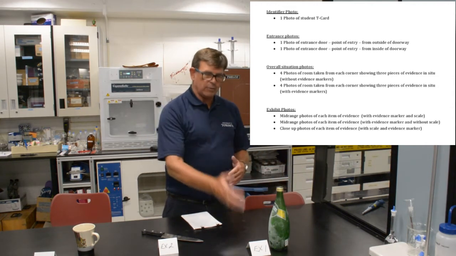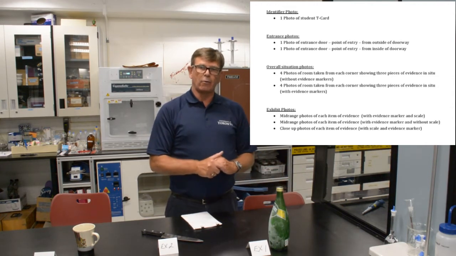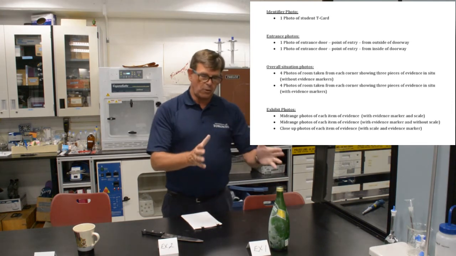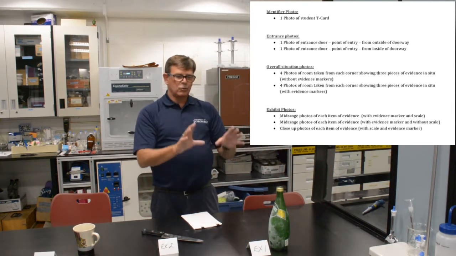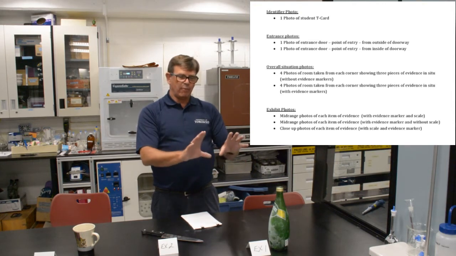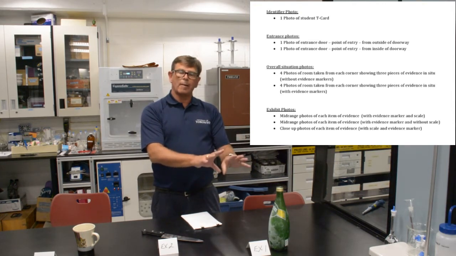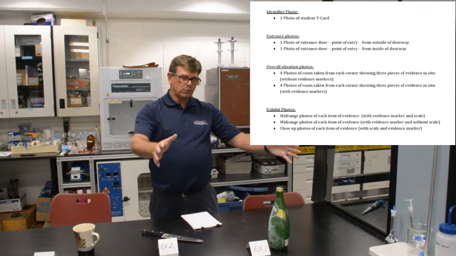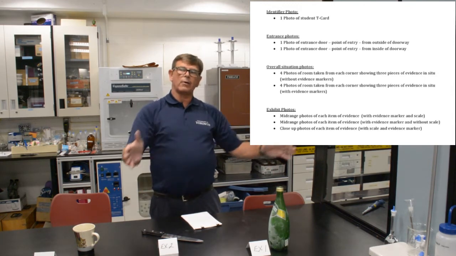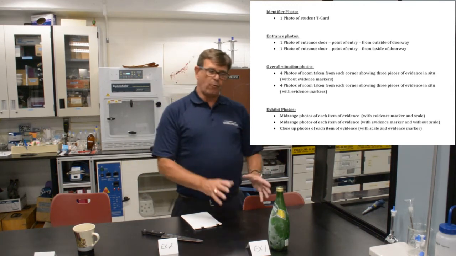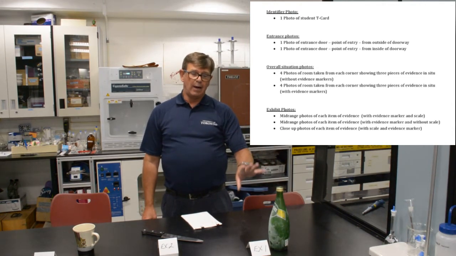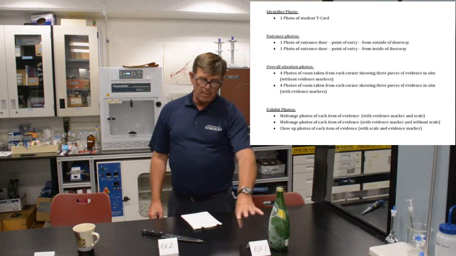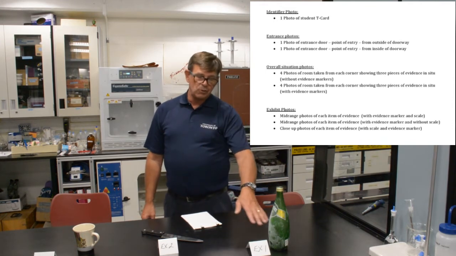Obviously your marker and your scale are present too, with the item as the focal point of the composition but also in context with the immediate area surrounding it. The close-up photo is specifically of that item, and again, backed off enough so your composition also includes the scale and your marker.